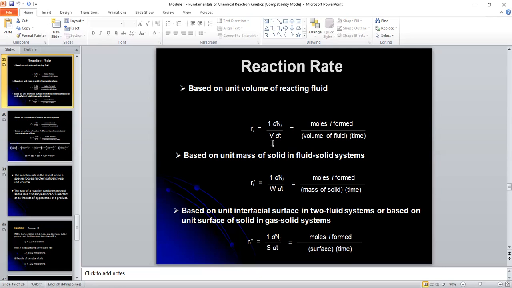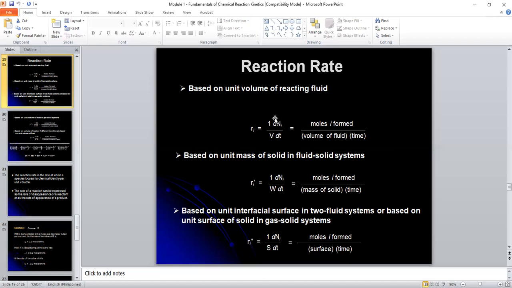notice that your divisor is V, meaning it's the volume. And your derivative is the rate of change of the number of moles of species I with respect to time, or simply the rate of change of the number of moles of I. As such, we write it as R sub I, meaning we're trying to present in an equation form how species I reacts per unit volume of reacting fluid.